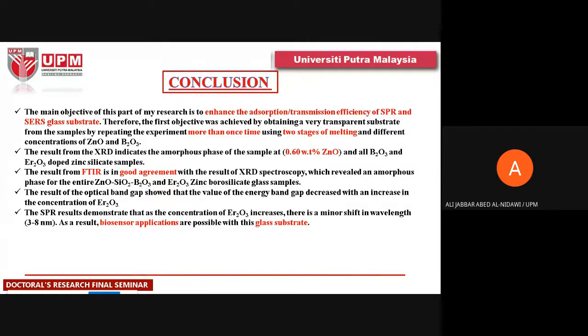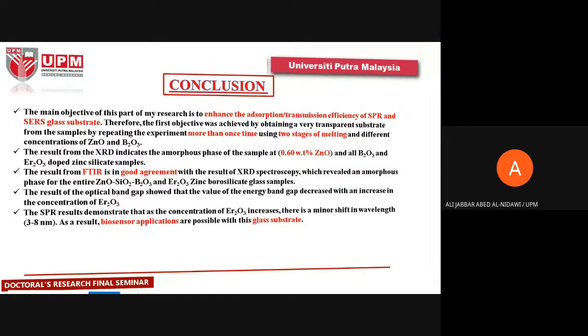The optical band gap result showed that the energy band gap decreases with increasing erbium concentration. The surface plasmon resonance result demonstrates that as the erbium concentration increases, there is a minor shift in the wavelength of 3 to 8 nanometers. As a result, biosensor applications are possible with this glass substrate.